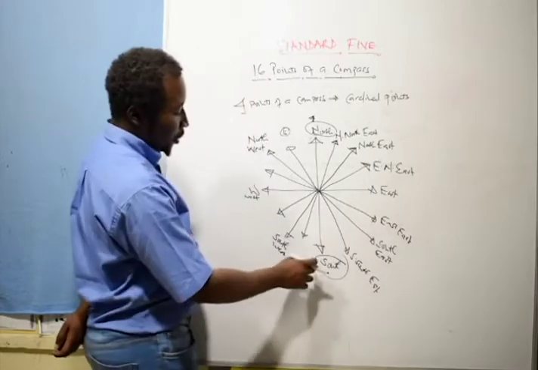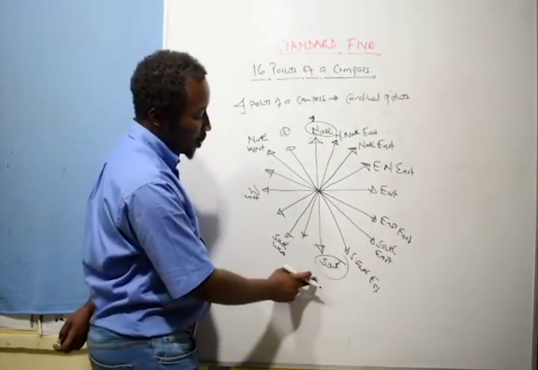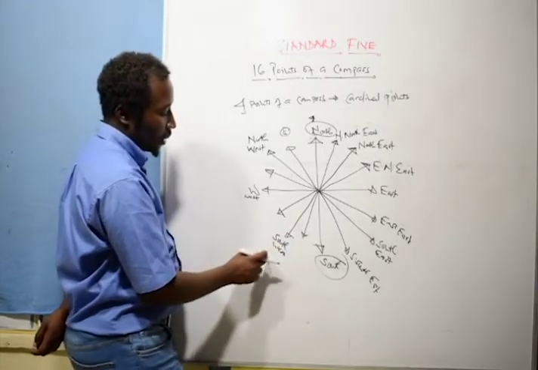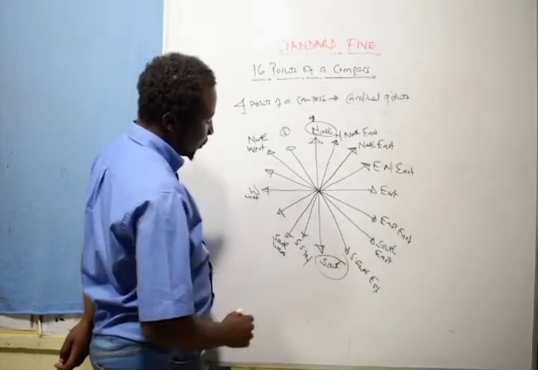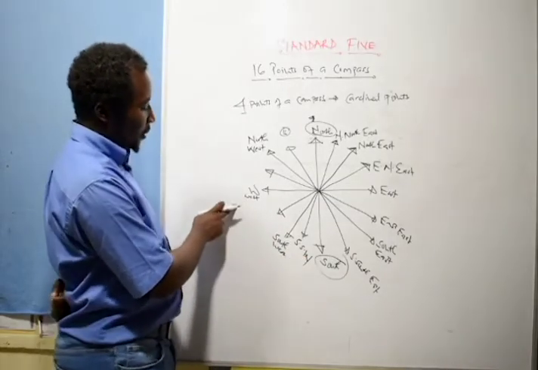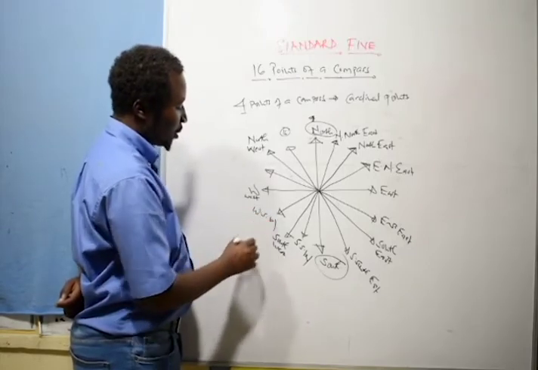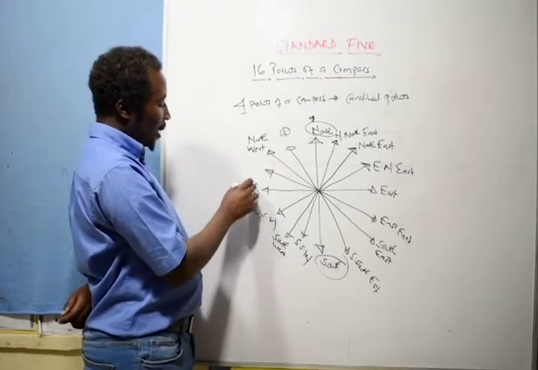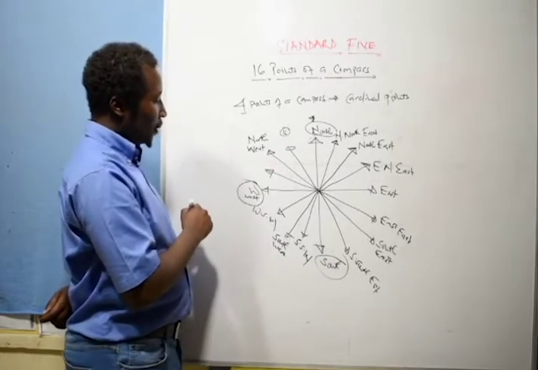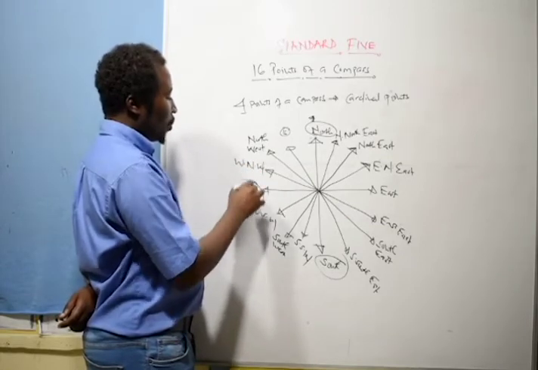Between south and southwest, we don't say southwest, south. We say south, southwest. Between southwest and west, we have west, south, west. Between west and northwest, we start with the one that is alone. So we say west, north, west.